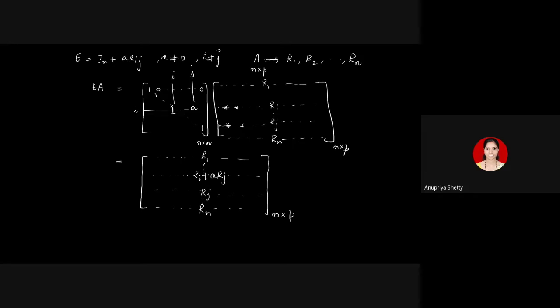Next, when you have E, which is of type 2, In plus Eij plus Eji minus Eii minus Ejj, i is not equal to j. And now if I take the same matrix A and multiply by this matrix E, what is going to happen?